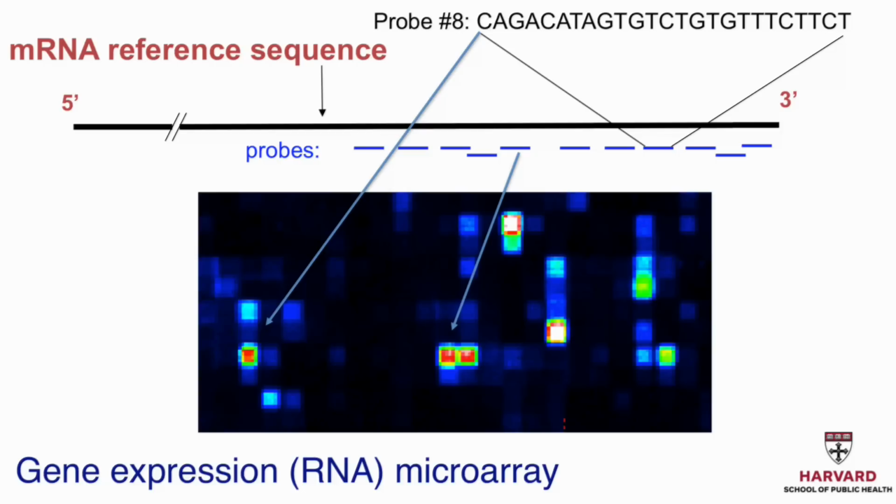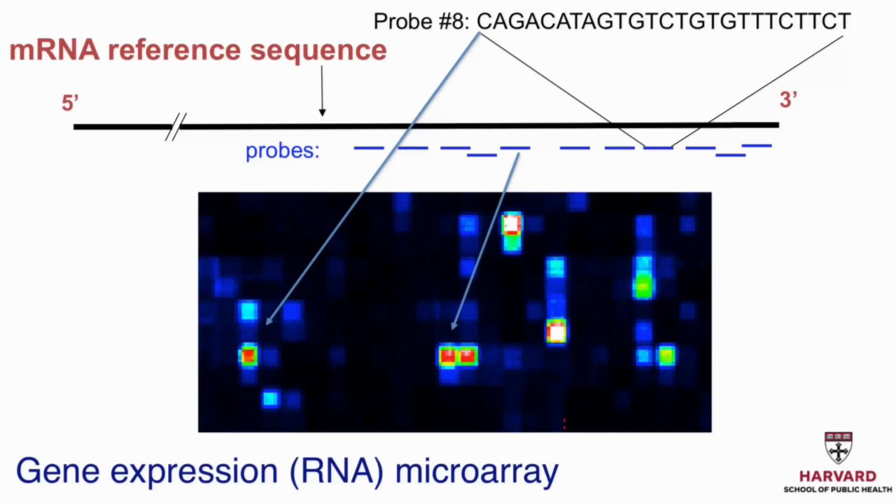And we can look for consistency as well. Are all the other 11 right? And if they are, then we're going to assign a large number to this particular gene, which is supposed to tell us that this gene is highly expressed in this particular sample. So that's how microarrays can be used to measure gene expression.